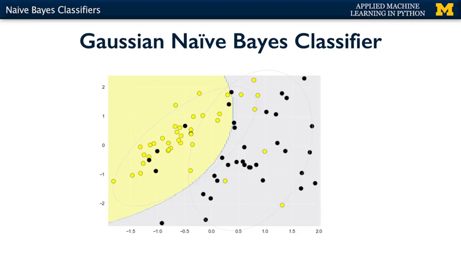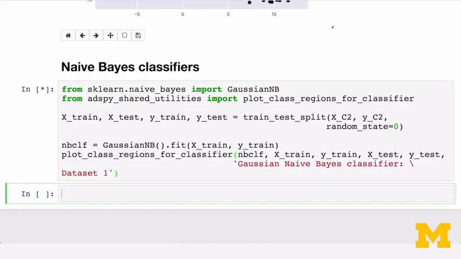To use the Gaussian naive Bayes classifier in Python, we just instantiate an instance of the GaussianNB class and call the fit method on the training data, just as we would with any other classifier.